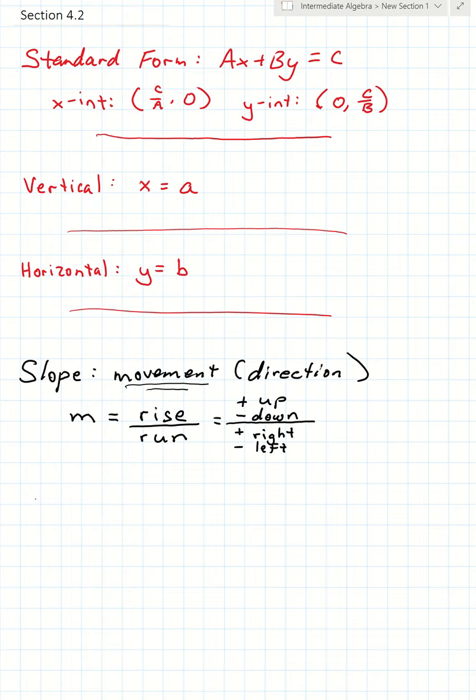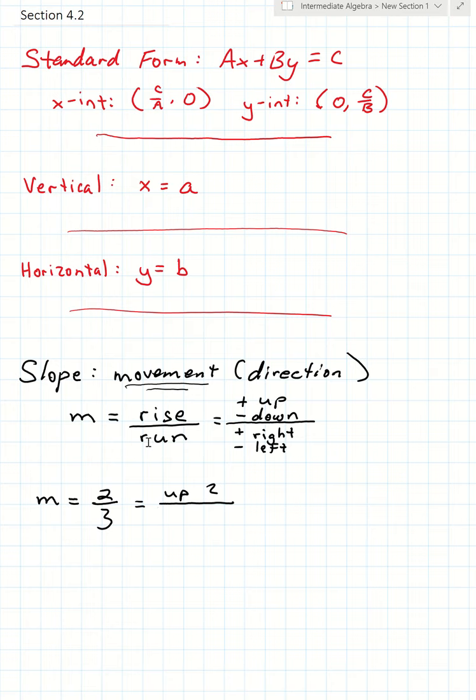For example, if we have a slope of, let's say, 2/3, okay, because your slope should be expressed as a fraction. Now here, if we were going to talk about directions on how we are going to move, since the rise is a positive 2, we're going to have to move up 2.